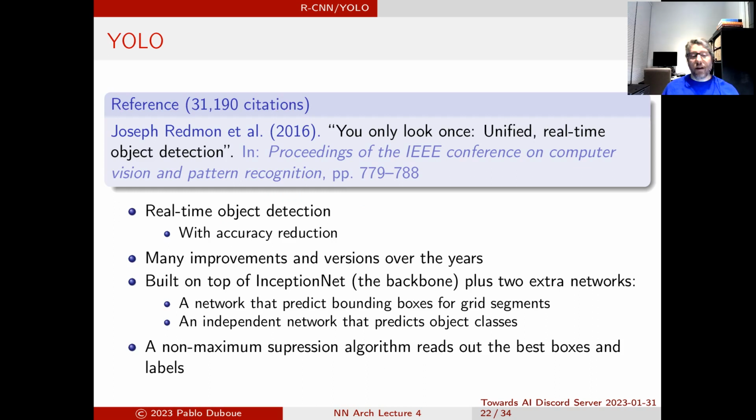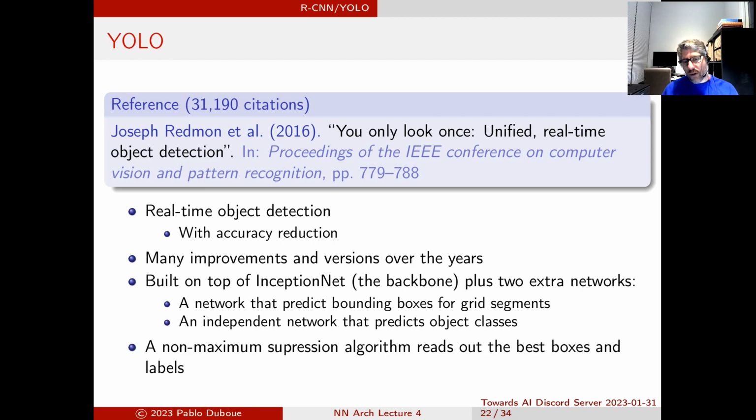A different system was proposed a little later, called You Only Look Once. This one allows for real-time object detection. The R-CNNs are more accurate, but they are slow. Instead, if you only have to run one neural net, then you get a system that is very fast.